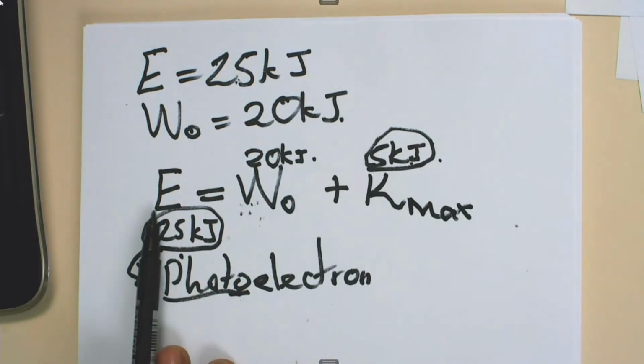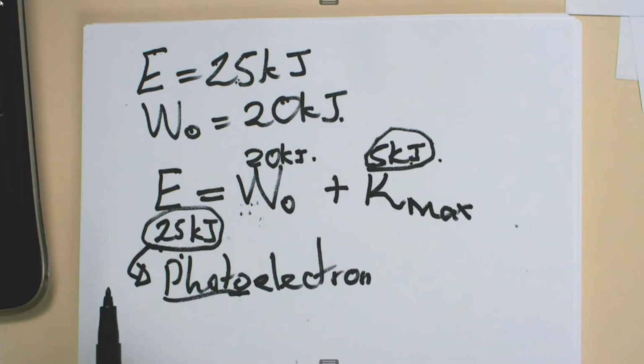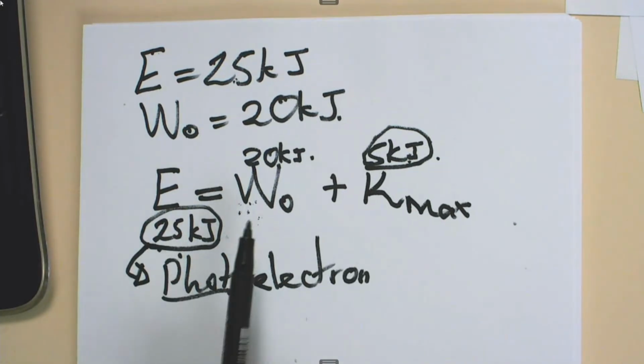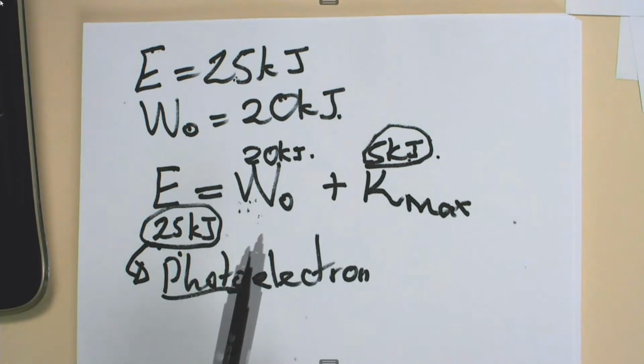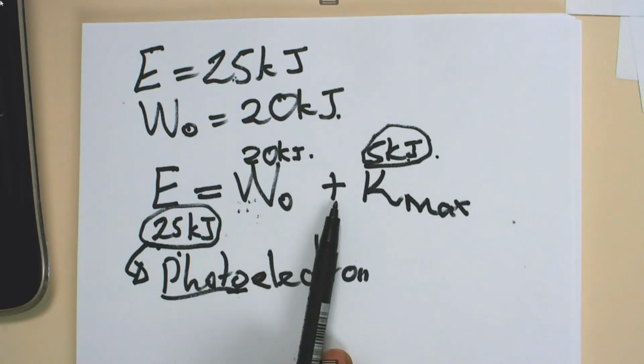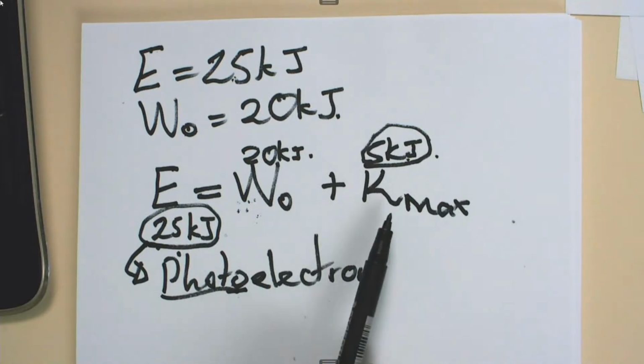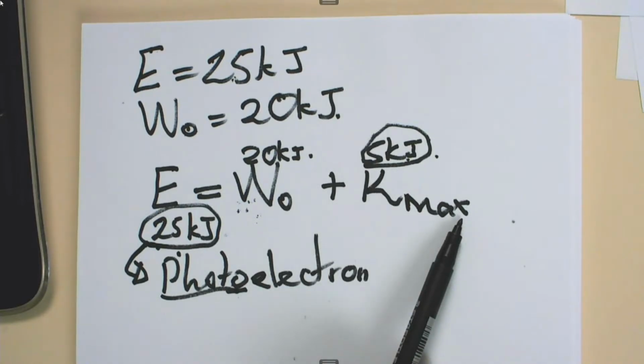An electron has gained energy from the photon. What will the electron do with that energy? One, the electron will use some of that energy just to be released from the surface of the metal, and what is left will be used by the electron to move away from the surface of the metal.